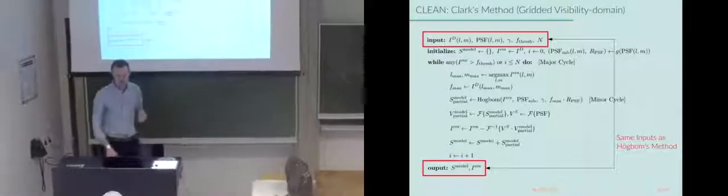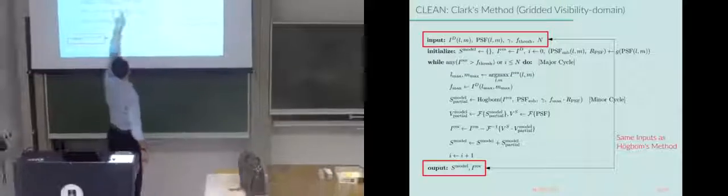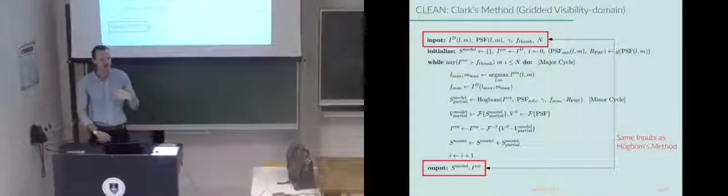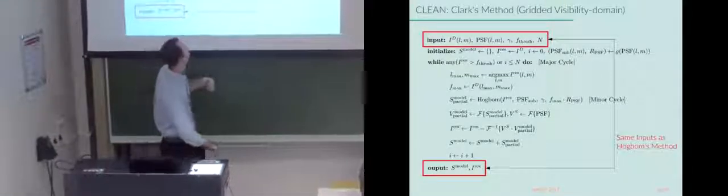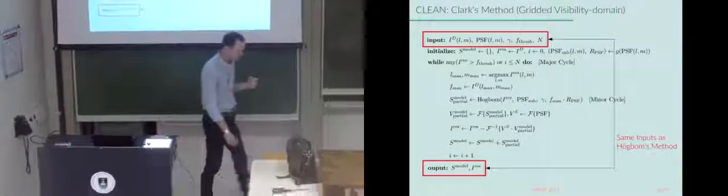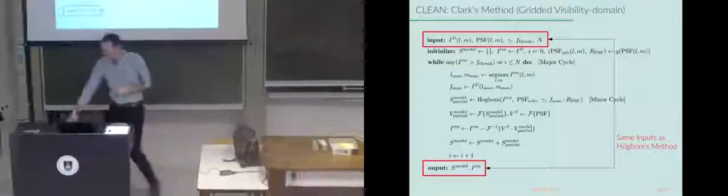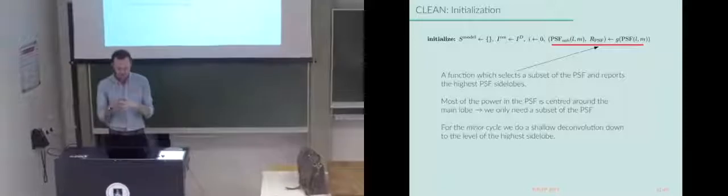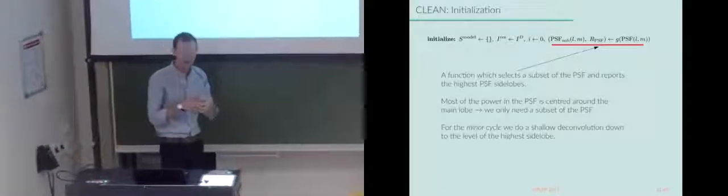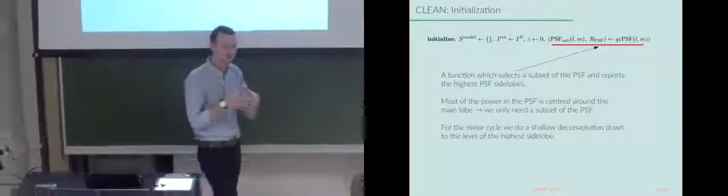in Clark's method, there's this idea of the major and the minor cycle. And you can see this minor cycle here is simply a call to Högbom's algorithm. But the major cycle is used to improve upon this Högbom call. So the idea here is that you select a small portion of that PSF, and then you call Högbom using that small region of the PSF.